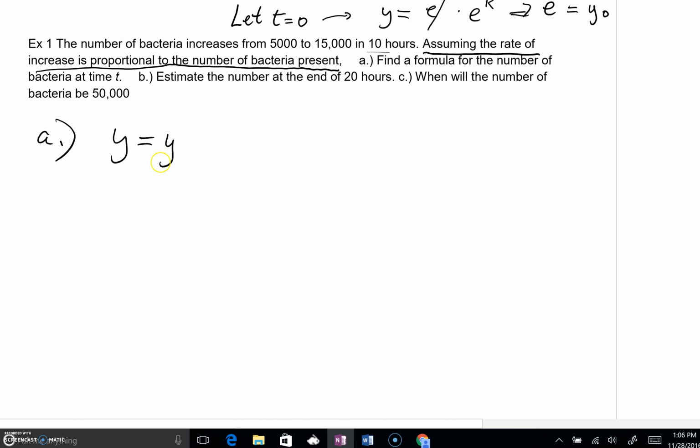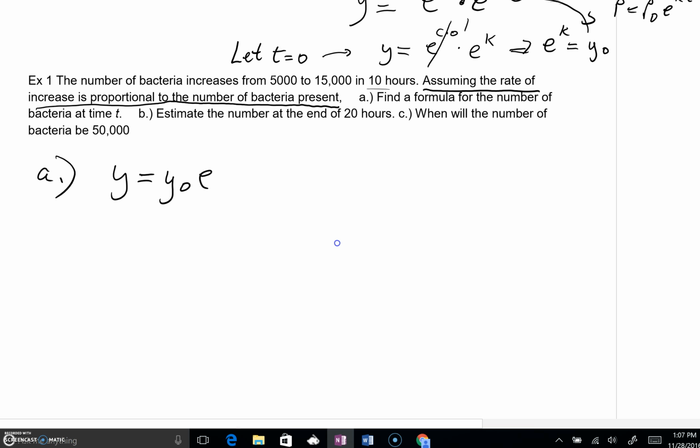What I'm telling you is you can immediately jump to this friendly formula. Unbelievable. You look at this and you could say, well, y naught is your beginning population. What's your beginning population here, do you think? Oh, 5,000.